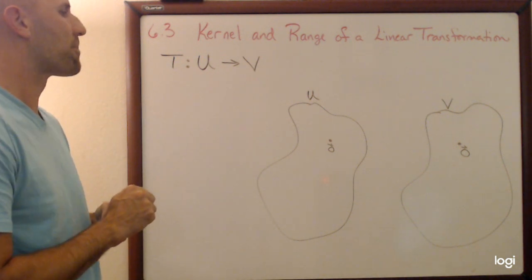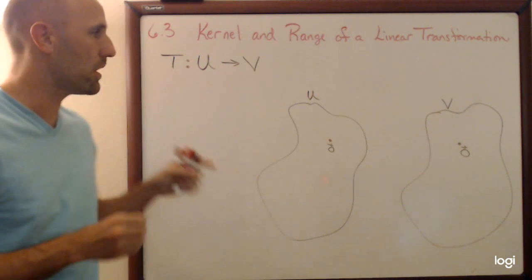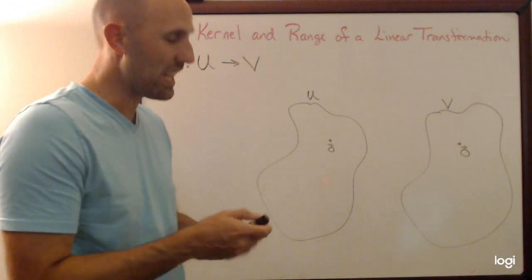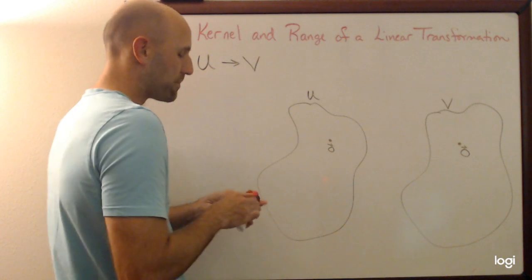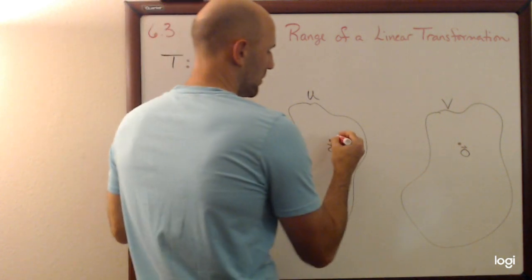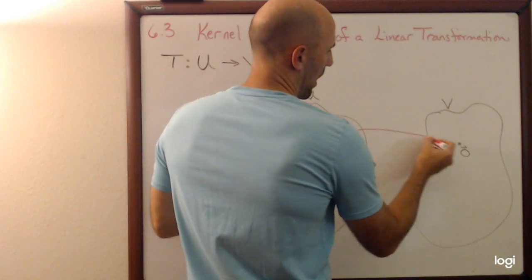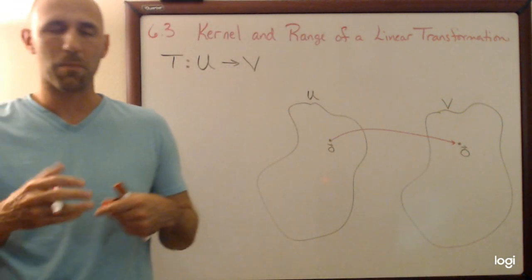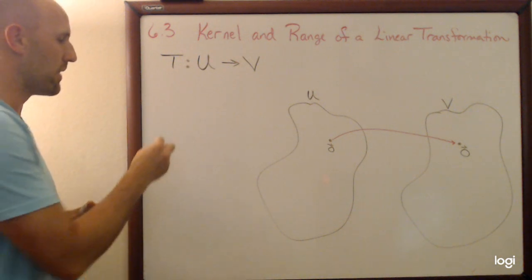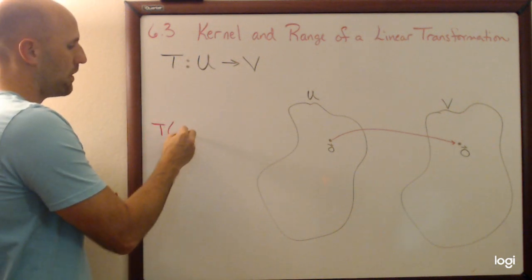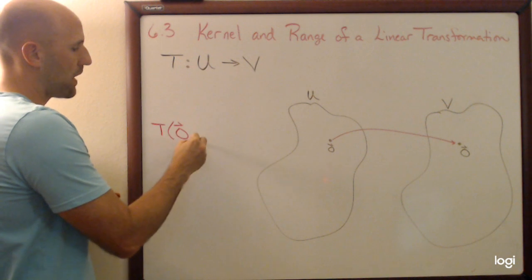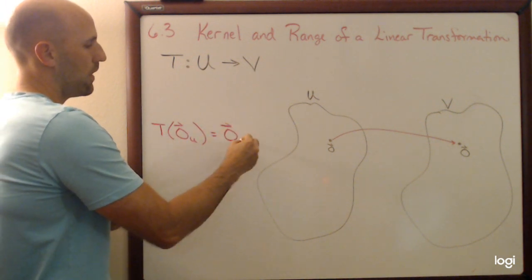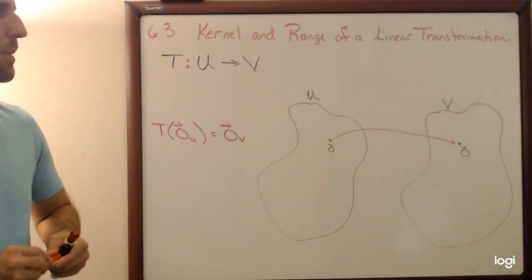Now, what I know is that because T is a linear transformation, T will map 0 to 0, right? Because of the properties of scalar invariance and additivity, I know that T of the zero vector for U is definitely going to equal the zero vector of V. Okay, so I know that to be true.